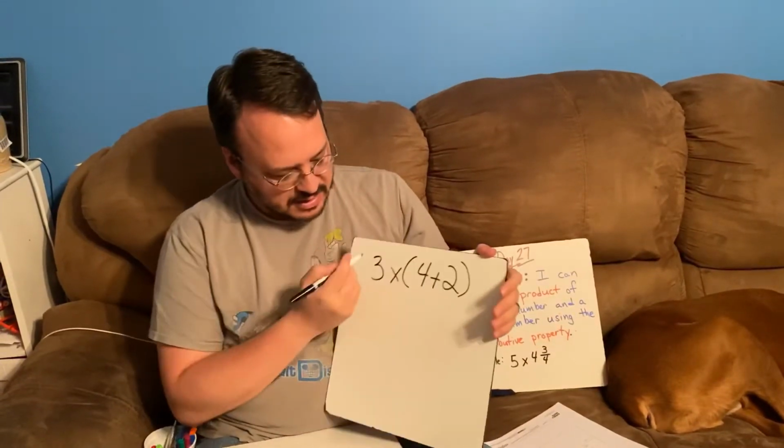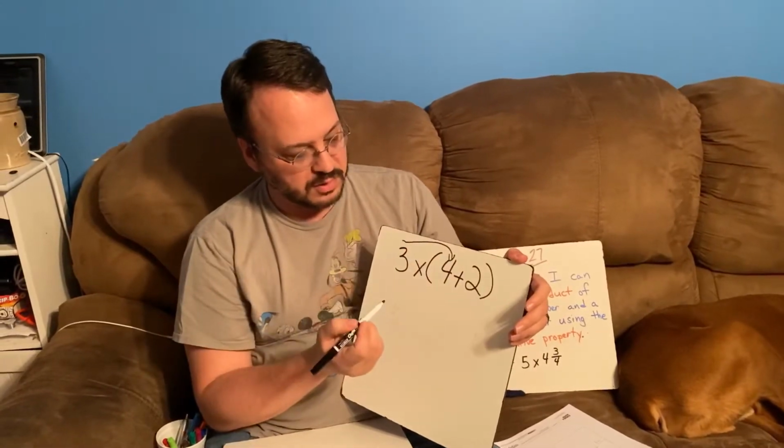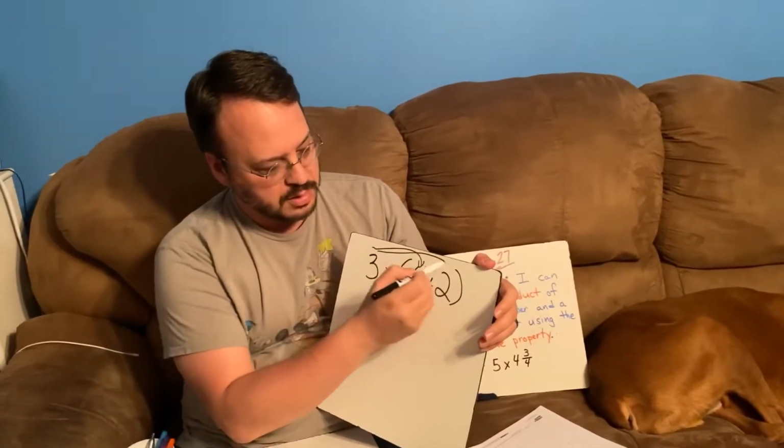So when I say distributive property, what we're looking at is something like, I'm going to say 3 times 4 plus 2. I'm just making this problem up. And when he would distribute it, what it means is he's going to pass out that 3. He's going to distribute the 3 to the 4 and to the 2.